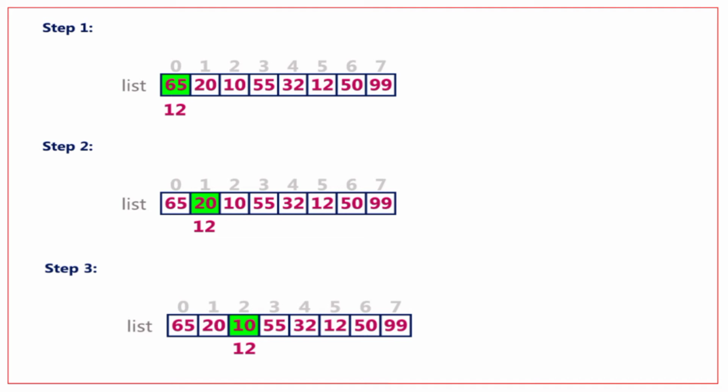Both are not matching, so move to the next element. Step 2, search element 12 is compared with the next element 20. Both are not matching, so move to the next element. Step 3, search element 12 is compared with the next element 10. Both are not matching, so move to the next element.